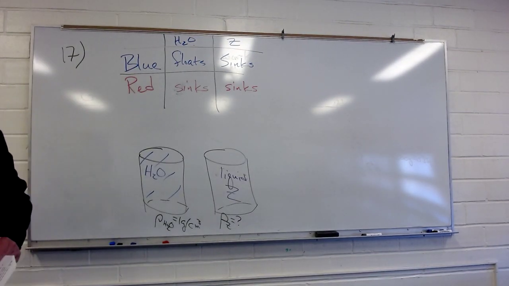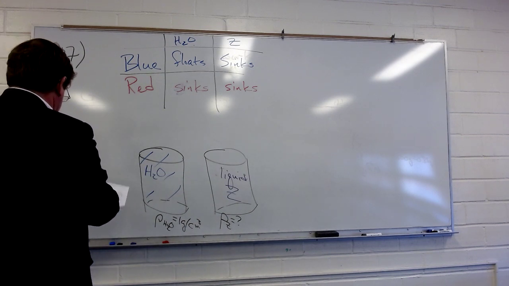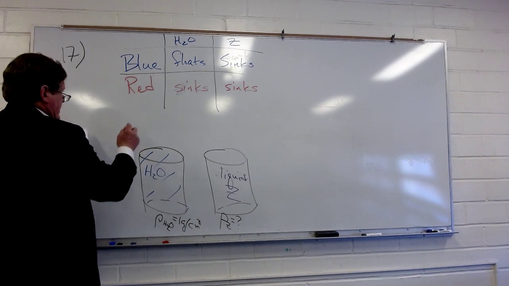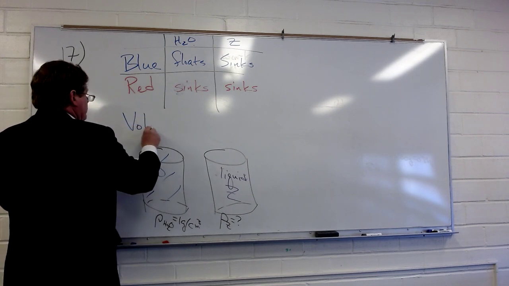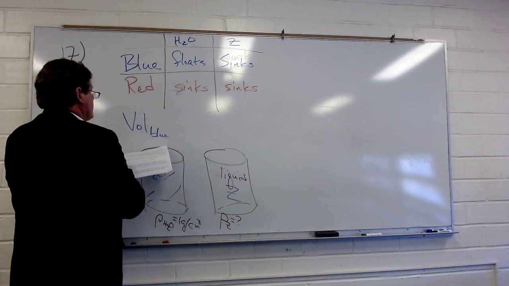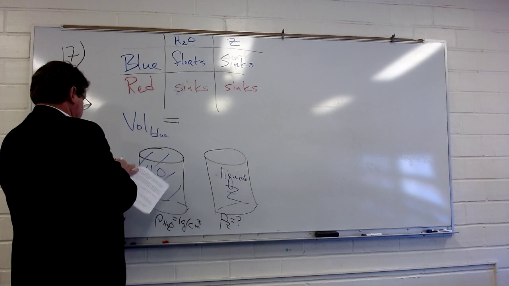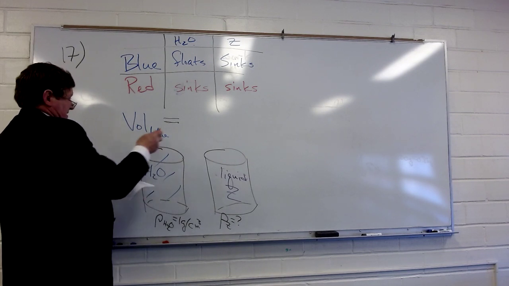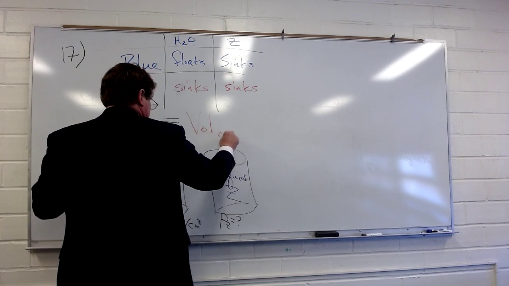Now we're also told that the two objects have the same volume: the volume of the blue object is equal to the volume of the red object.